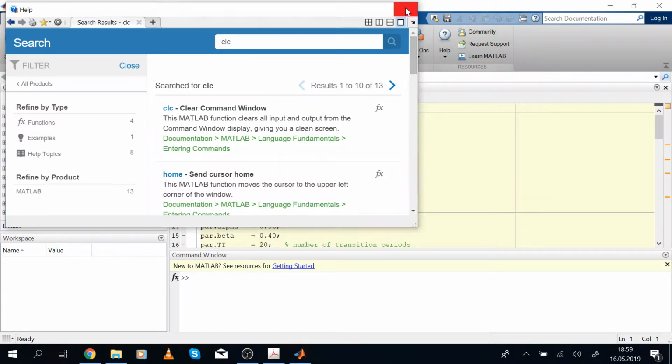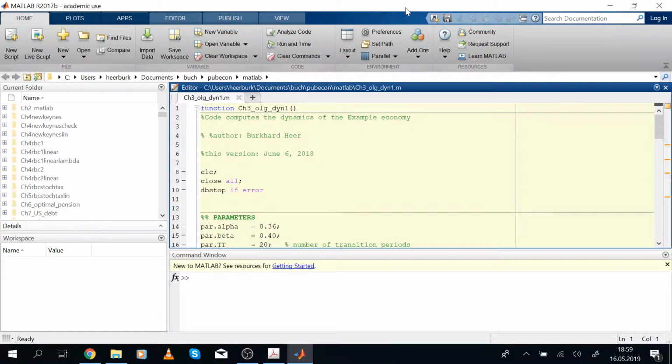So let us close this help function again. If you are completely new to Matlab, it may be helpful to use the tutorial that's also provided by Matlab in this menu bar. Now let's get back to the editor.